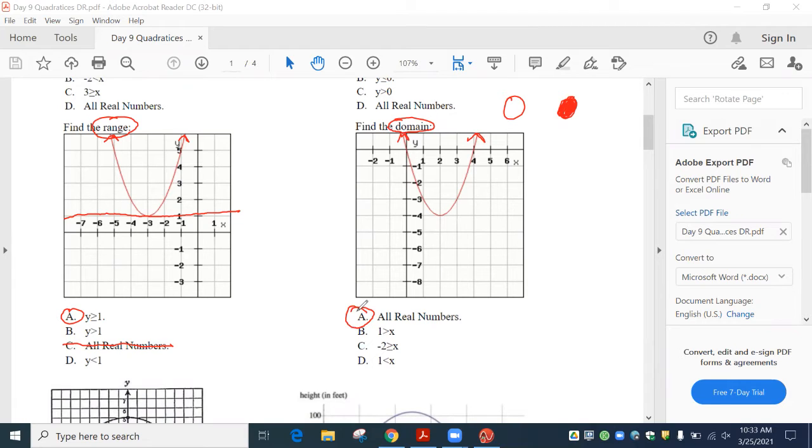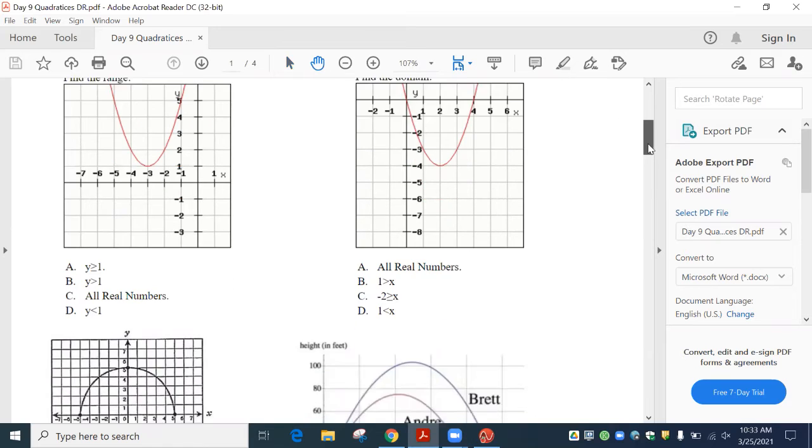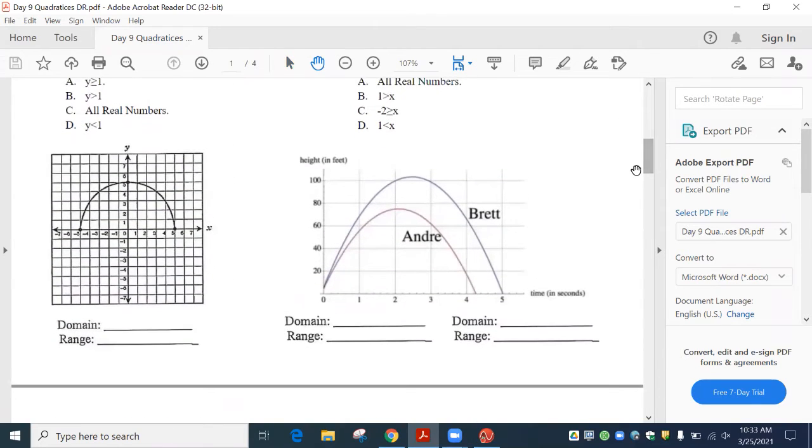So domain, especially when you're dealing with graphs, just these ordinary graphs, it's not real life or anything, tends to be all real numbers more often. Now, there are times that it's not all real numbers, so we'll show you. There are 2 situations where they're not all real numbers.